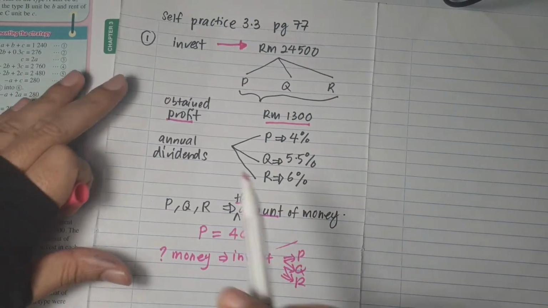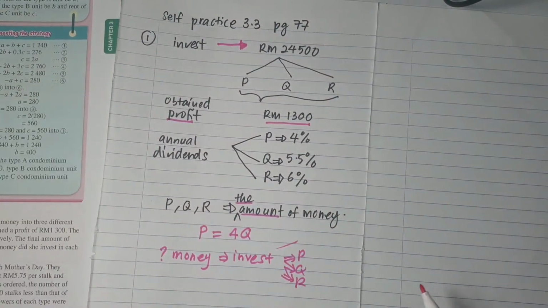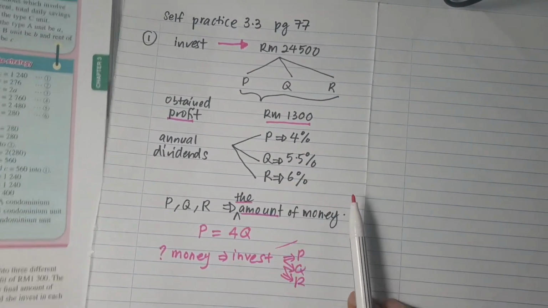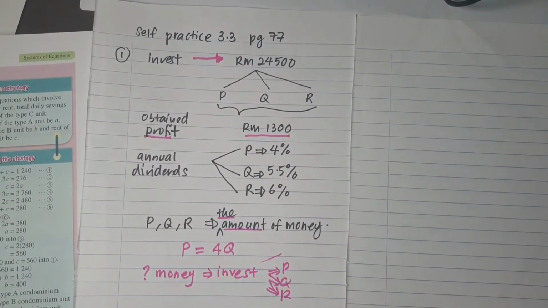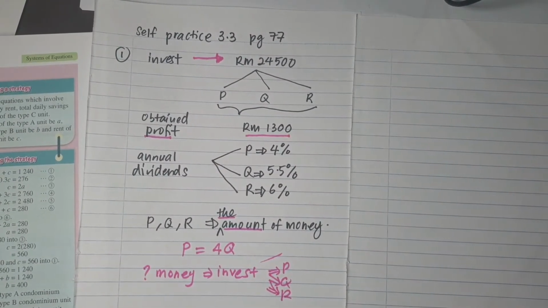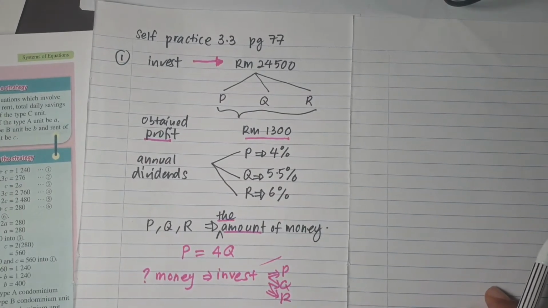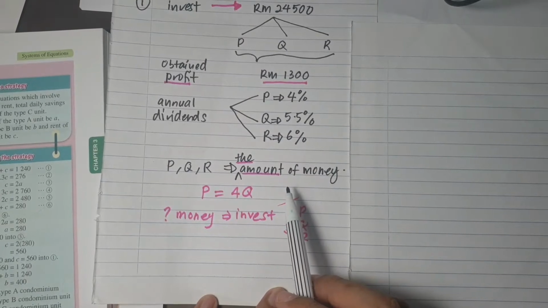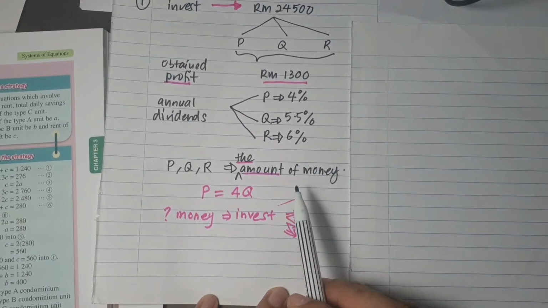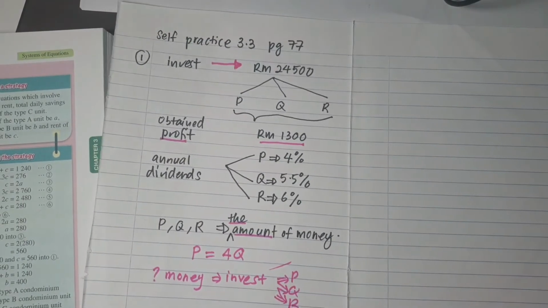So this is system of equation. Of course, you need to form equation to represent all this information. So based on the information given, P, Q and R here represent the amount of money yang dia invest lah, right? So sekarang dia invest banyak mana?